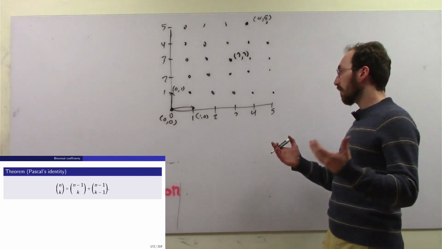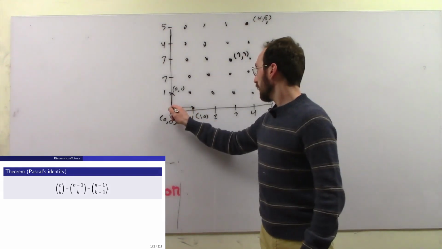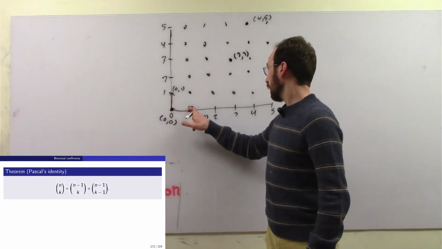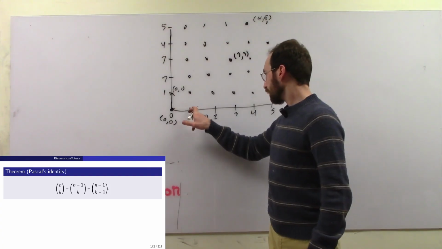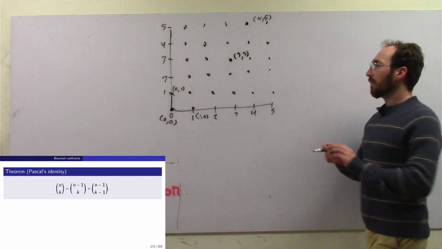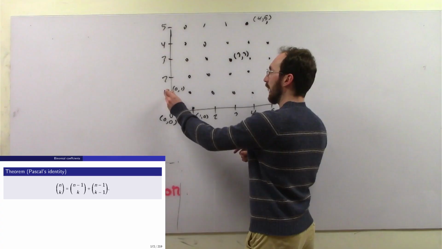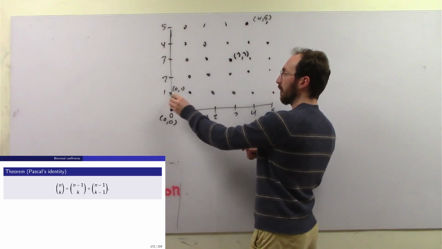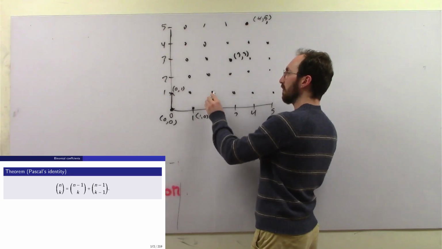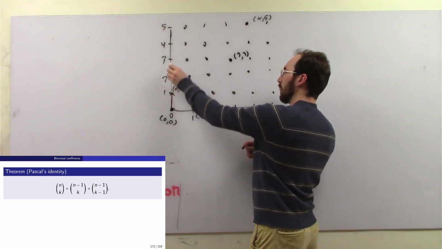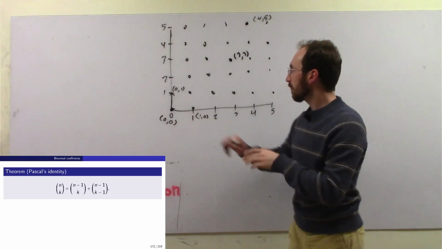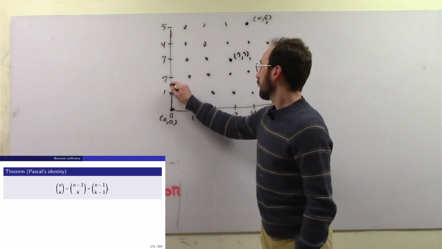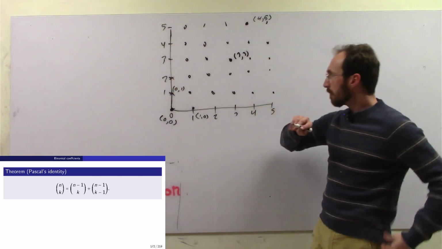I go north, I go east. Maybe in this case, let's just erase this. I go north. Now, at this point, I can go east 3 times still, and I can go north 2 times. So, let's go north again.